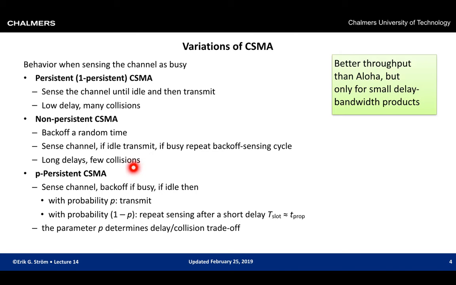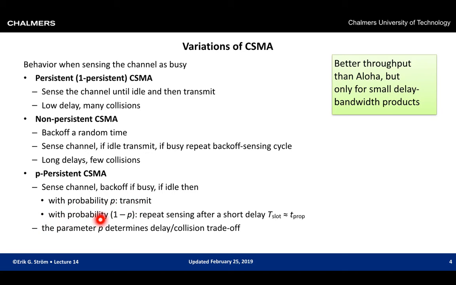Then there is a sort of compromise between the aggressive and the very non-aggressive method, and that's called P-persistent CSMA. What we do here is we sense the channel and we back off if it's busy. If it's idle, then with a certain probability, P, we transmit.